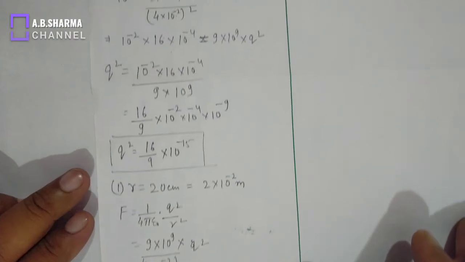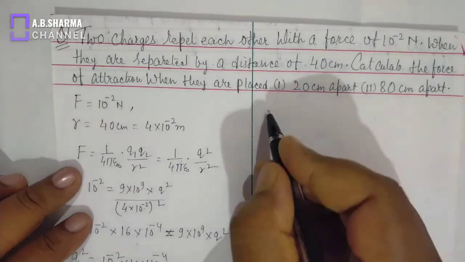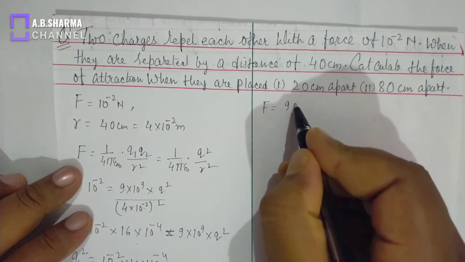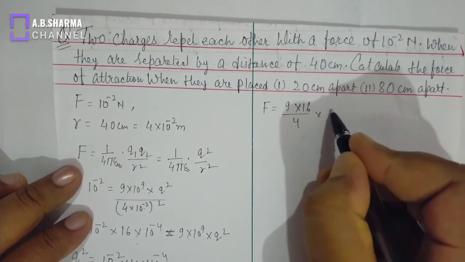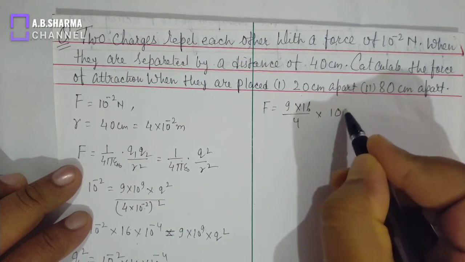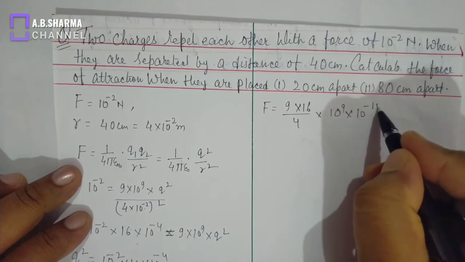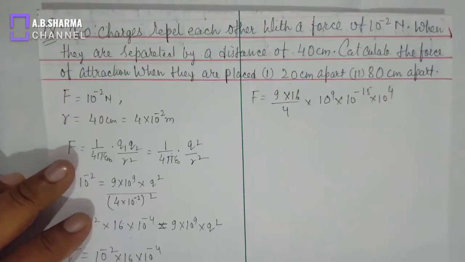Now separate the exponents and numerals. This will become F equals 9 into 16 by 4, and powers 10 to the power 9 into 10 to the power minus 15 into 10 to the power plus 4. Now solve this.